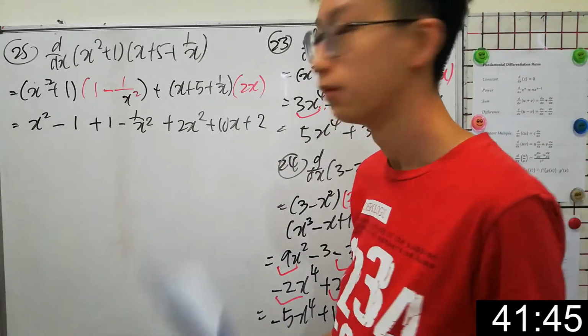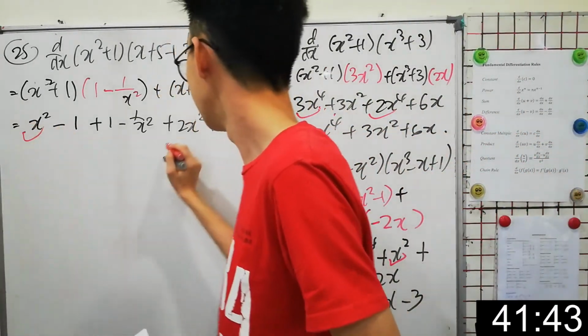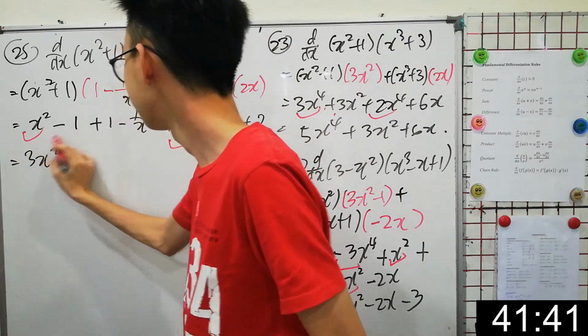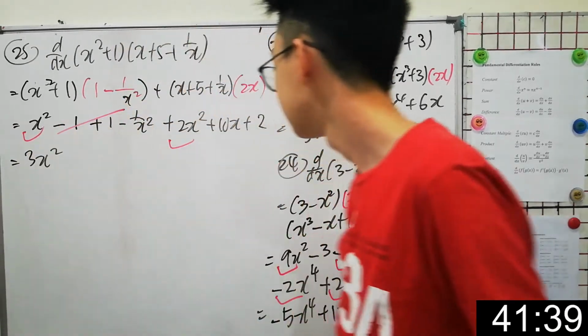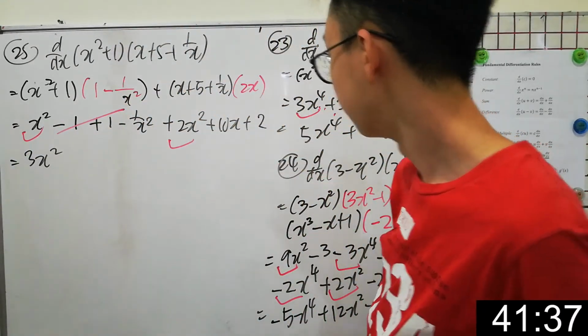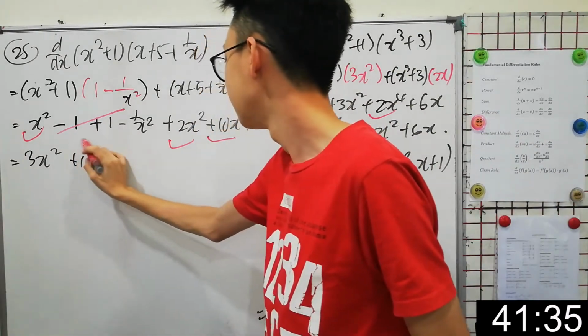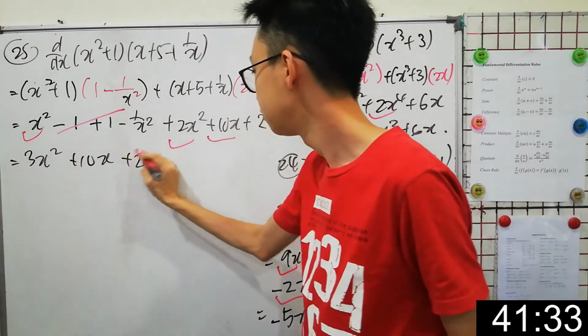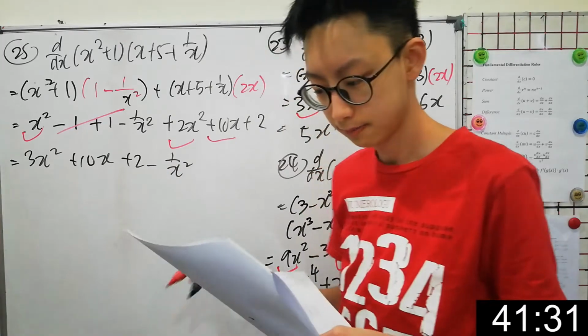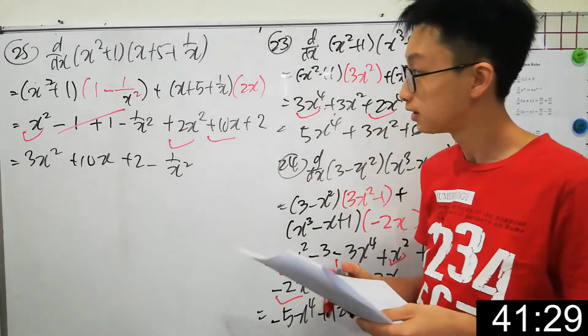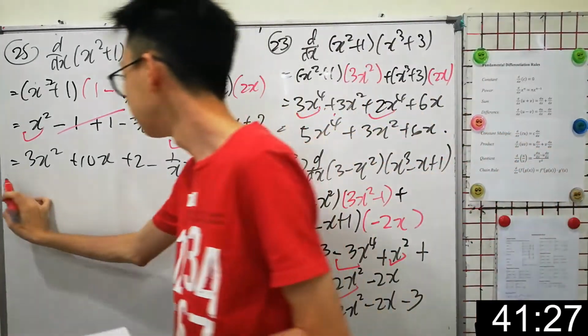Right? Then group all the like terms. 1, 2, 3. 3x squared, this and that can cancel, then plus 10x, then plus 2 minus 1 over x squared. Okay, so this is for our number 25.